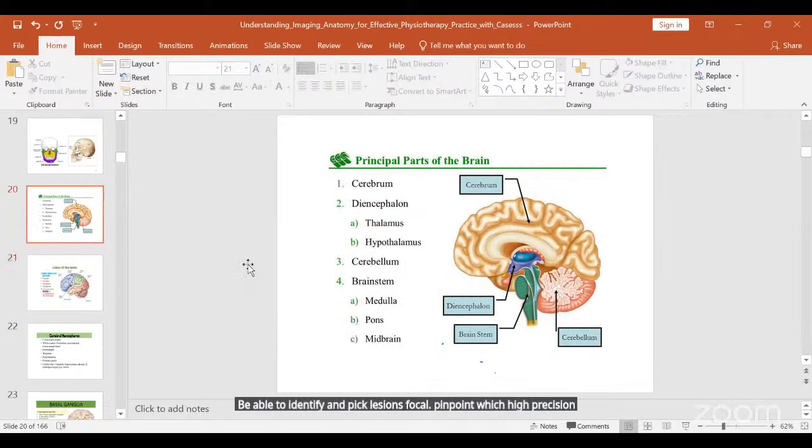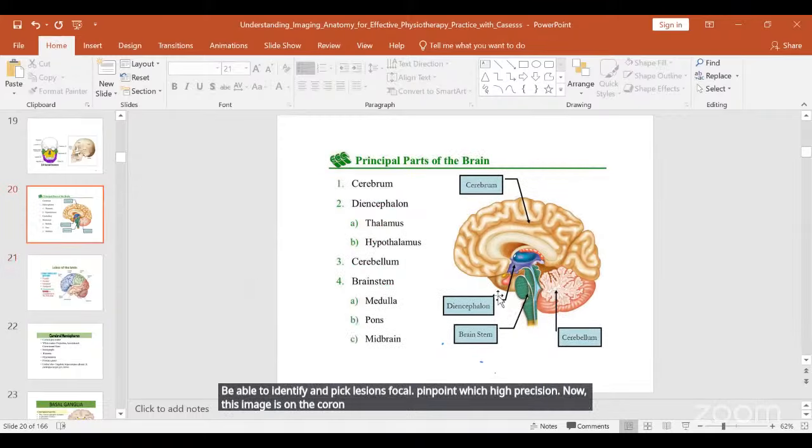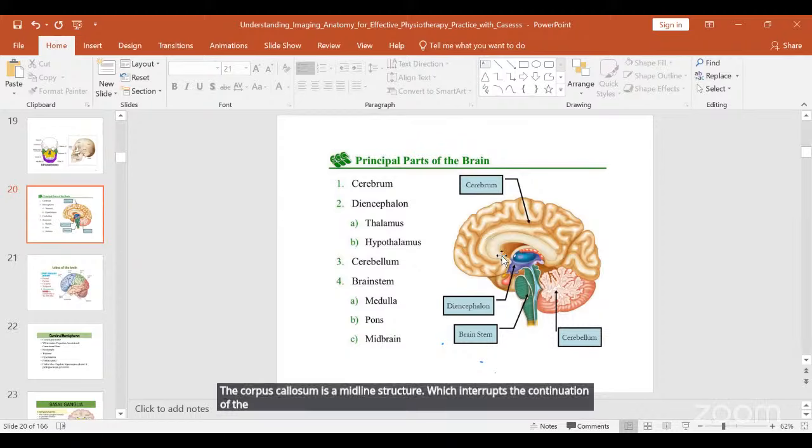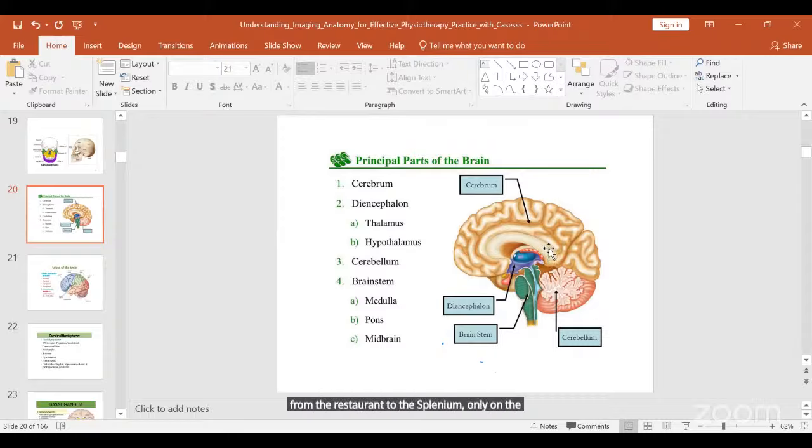Now, this image is a sagittal view because that's the only view where we can see the corpus callosum. The corpus callosum is a midline structure which interrupts the continuation of the interhemispheric fissure. We see it completely from the rostrum to the splenium only on the mid-sagittal view. Another very important point to note is that the anatomical demarcation between the parietal lobe and the occipital lobe is only seen on the median sagittal plane.